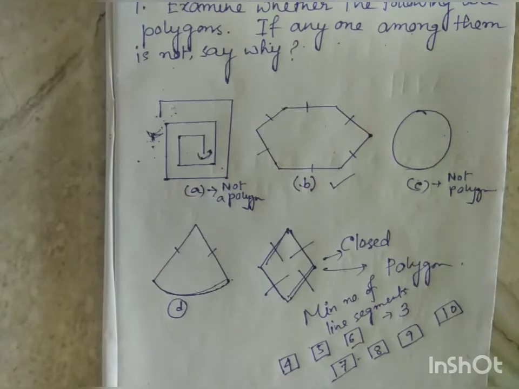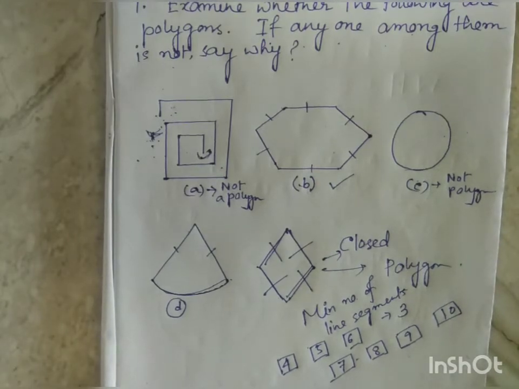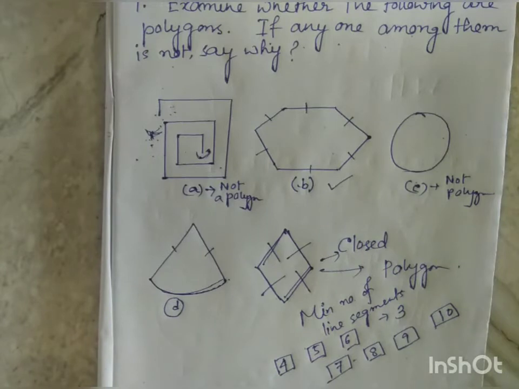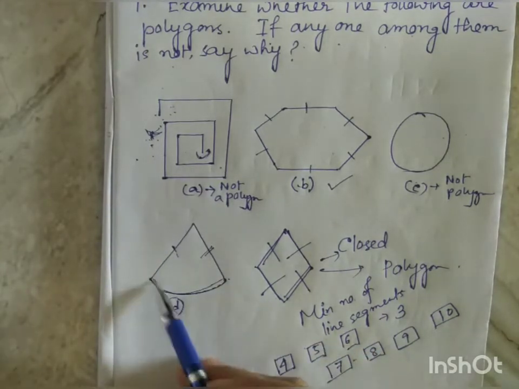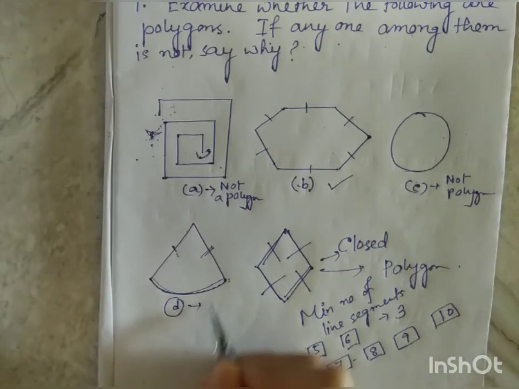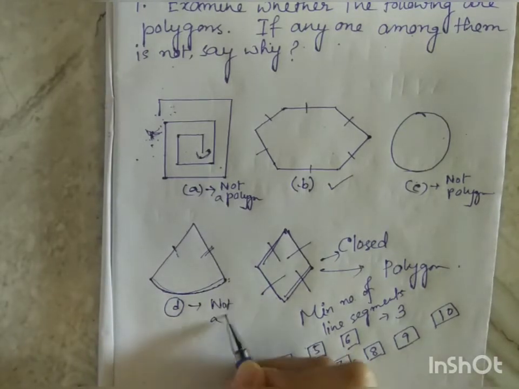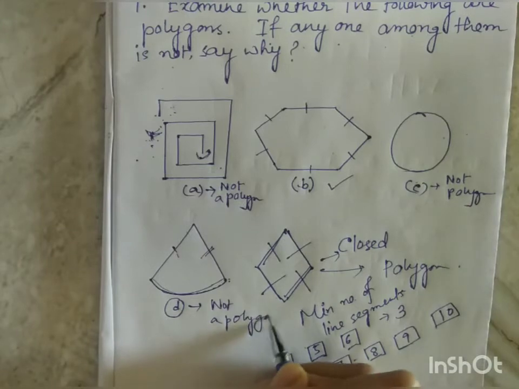All the sides of a polygon must be line segments. So it will also not be a polygon.